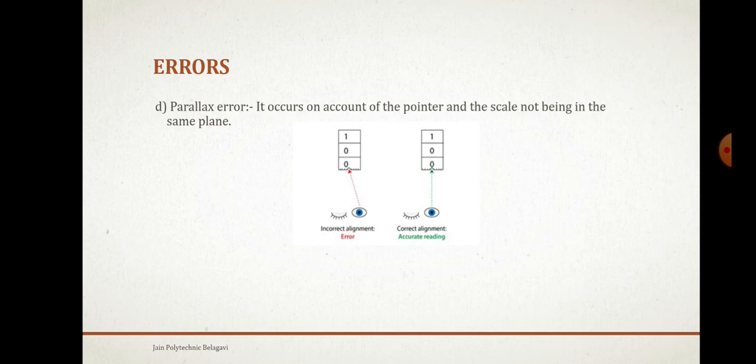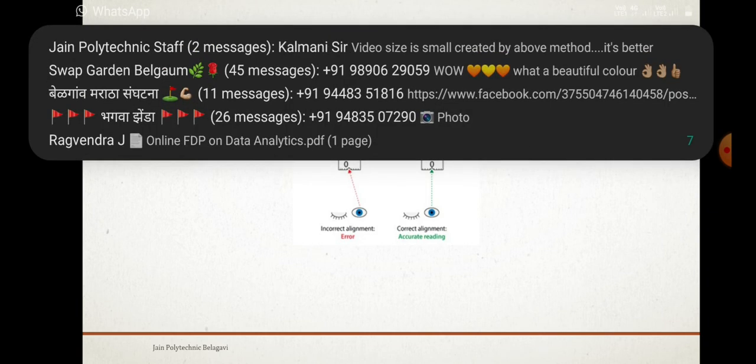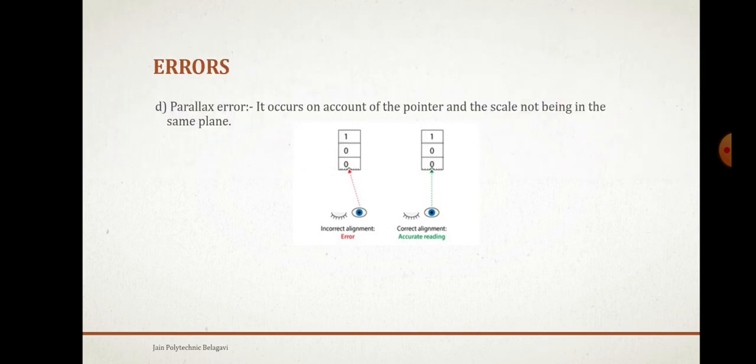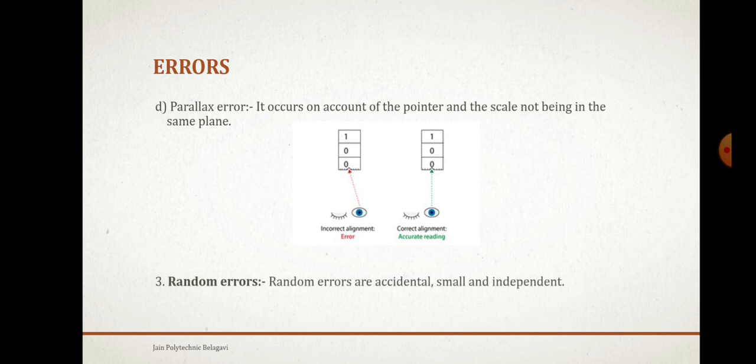So while watching the reading, we should watch the pointer and scale in the same plane. Then it will be correct. You can see in the diagram how parallax error occurs. Next, random errors: they are accidental, small, and independent.